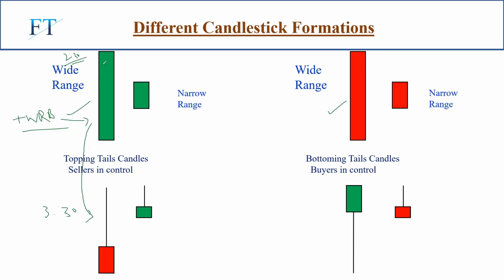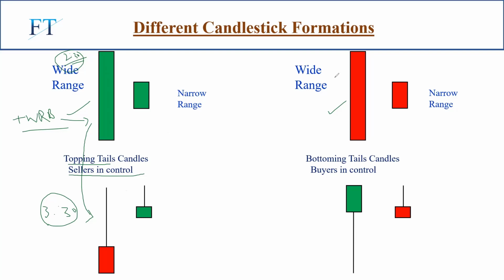Let us assume that a wide range bar at 2:30 eventually becomes a topping tail bar at the time the market is getting closed around 3:30. What does it mean? It means that although the buyers were quite aggressive the whole day and were buying, eventually something happened in the market so that at the time of closing, the bar has formed a topping tail, which in itself means that the sellers have taken control of the market, right?